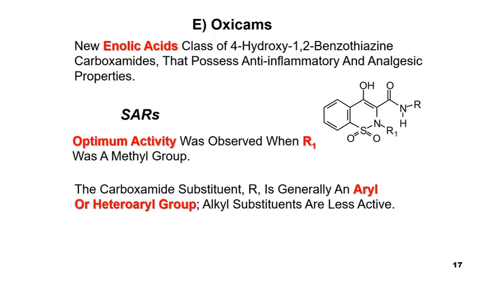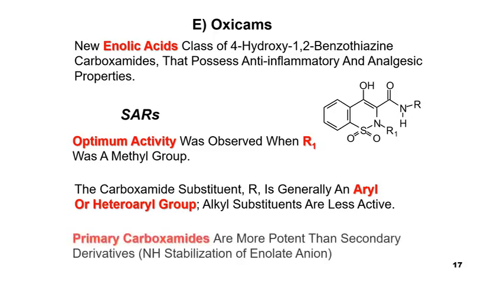To extrapolate the resonating effect of the negative charge on the oxygen, and it's better to have the carboxamide derivative as primary carboxamide rather than secondary, because the hydrogen is essential in extrapolating the resonating structure of the enolate anion.